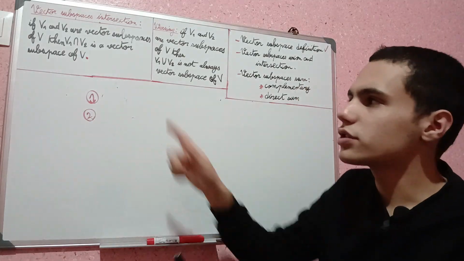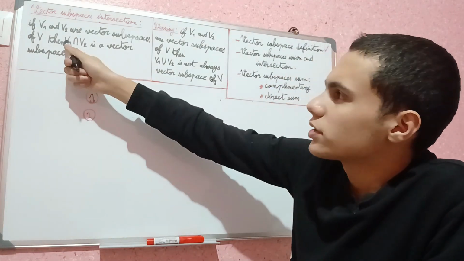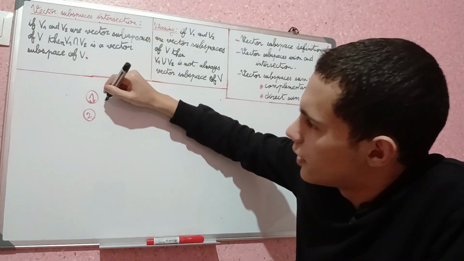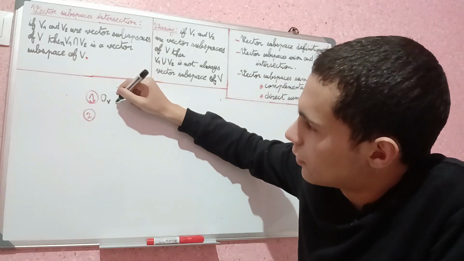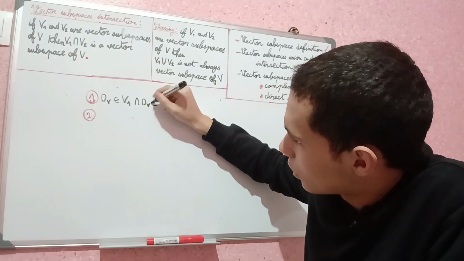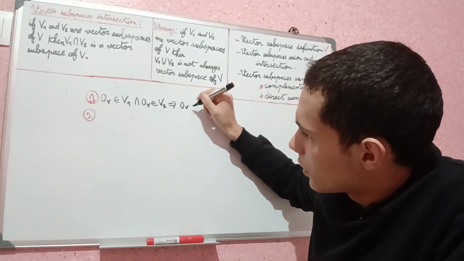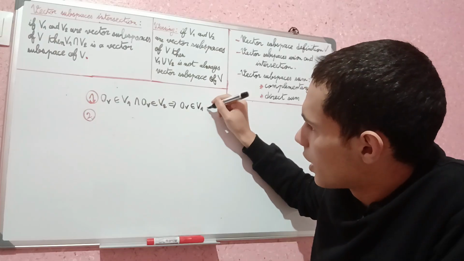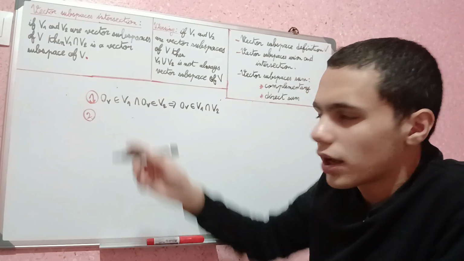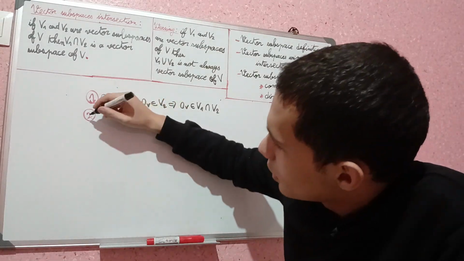So let's prove this theorem. First, because V1 and V2 are two vector subspaces of V, the identity element of V also belongs to V1 and 0V belongs to V2. So 0V belongs to V1 intersection V2. Also, we need to prove the closure.